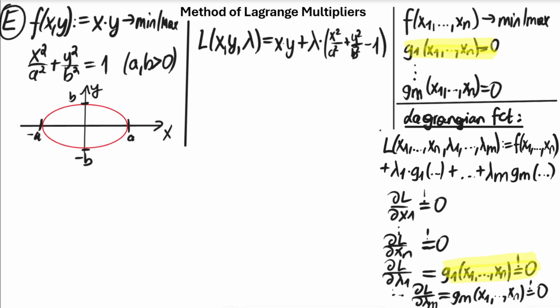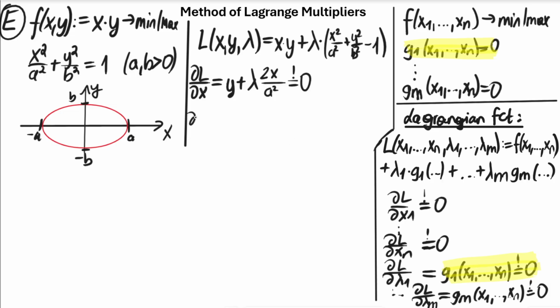So next step, compute the partial derivatives. Partial derivative of the Lagrangian with respect to the variable x first. If you differentiate with respect to x, it just is y plus lambda, and inside here it is 2x divided by a squared, and this should be set to 0.